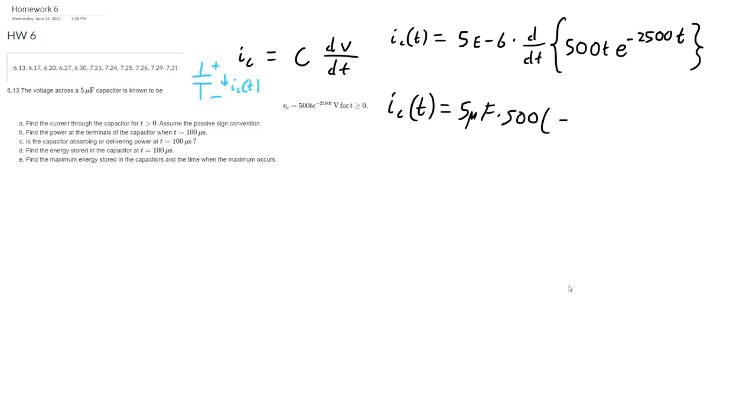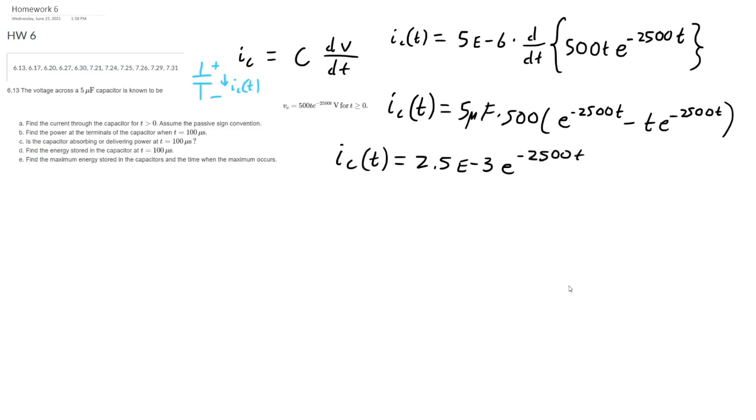I get e to the minus 2500 t minus 2500 t e to the minus 2500 t, which ends up being iC(t) = 2.5 e to the minus 2500 t times (1 minus 2500 t).